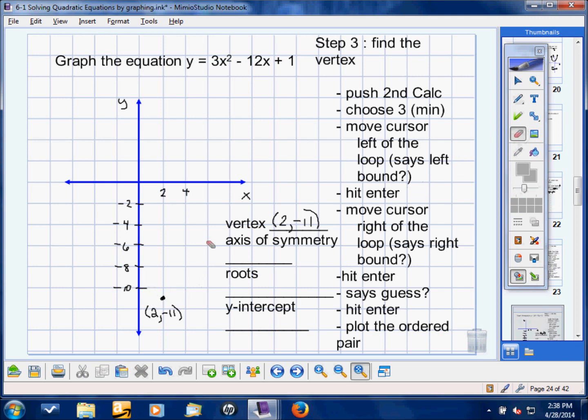And so you graph that, graph the ordered pair, 2, negative 11. We found the vertex, and we'll get the rest of the steps tomorrow. And if anybody didn't get to finish writing this off, then we will take care of that tomorrow.